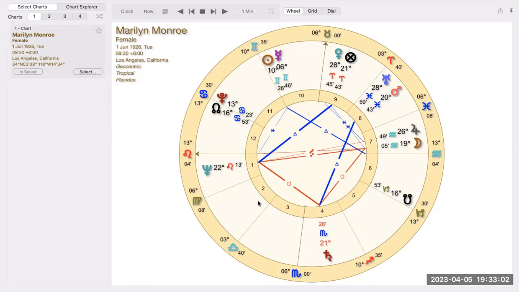For instance, you see that Mars has a trine with Saturn, and that's not an aspect that Mars likes to have. Mars's preferred aspect is an opposition, because Mars is a fighter. So Mars is hot and heavy.